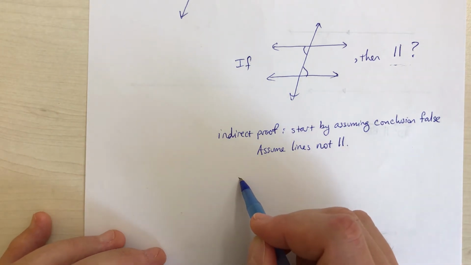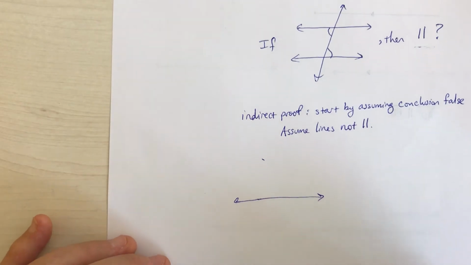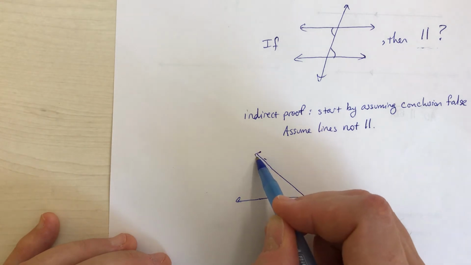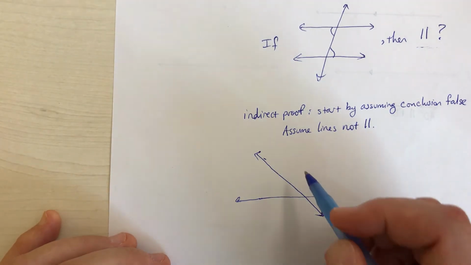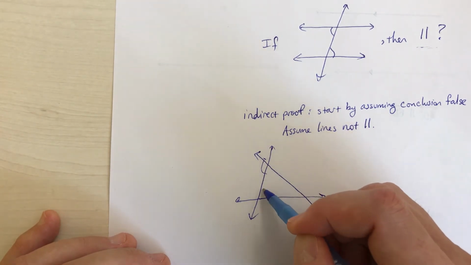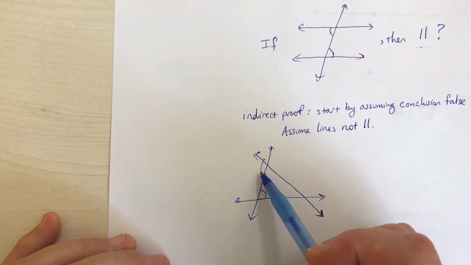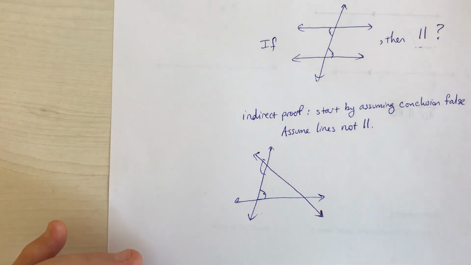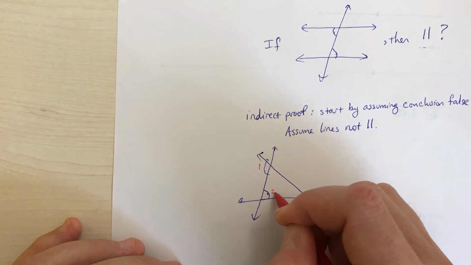So I'm actually going to draw this a little bit differently here. I'm going to draw the lines where they're obviously not parallel, which means that if they're not parallel, they have to intersect at some point. Here's the transversal. Now remember, we are being given that the alternate interior angles are congruent. So in this case, I'm going to call these angles 1 and 2.